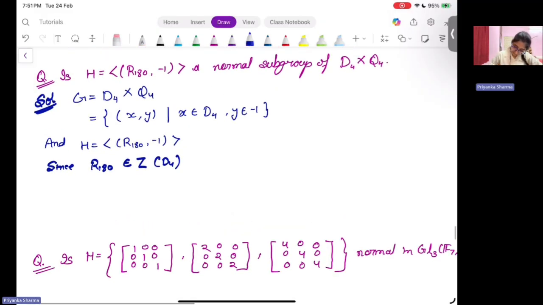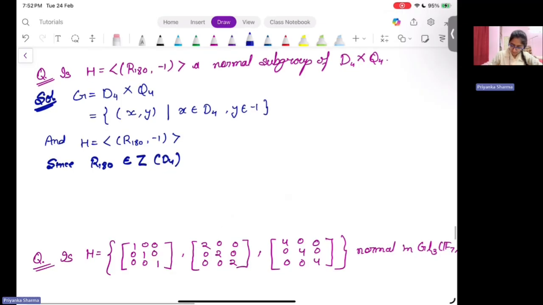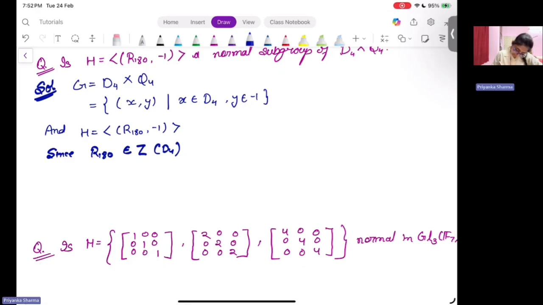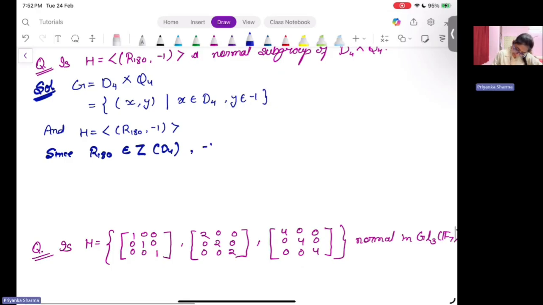For that we can consider this question also: what will be the center of Dn? Try to do that. If you have some difficulty, we can discuss it in the next tutorial session. And minus 1 is a part of the center of Q4.